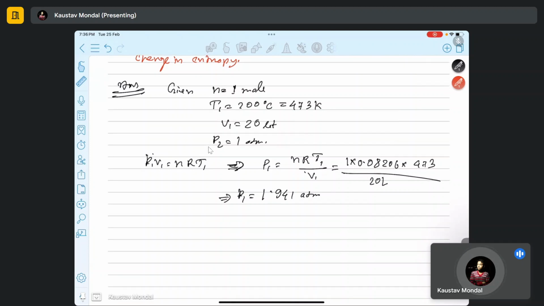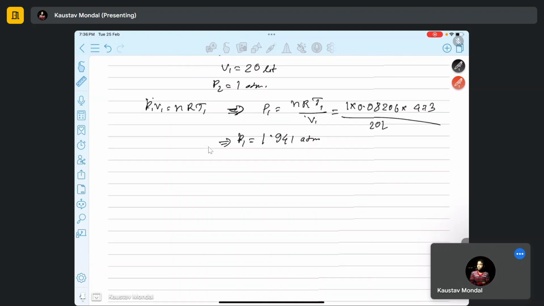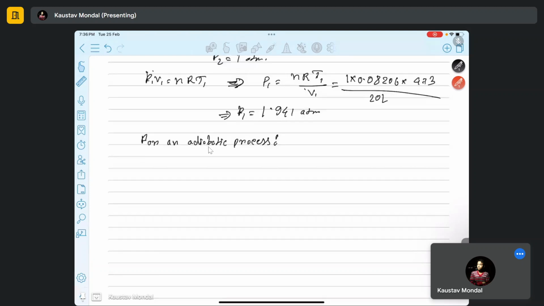Now this process is an adiabatic process, right? First we will write the first law of thermodynamics, delta U equal to delta Q plus delta W. As this is an adiabatic process, delta Q will be equal to 0.